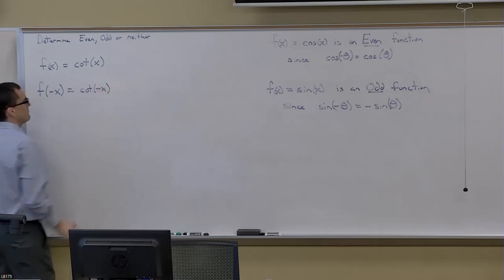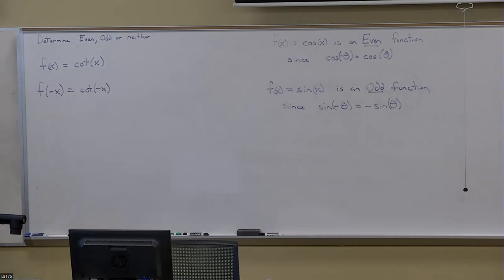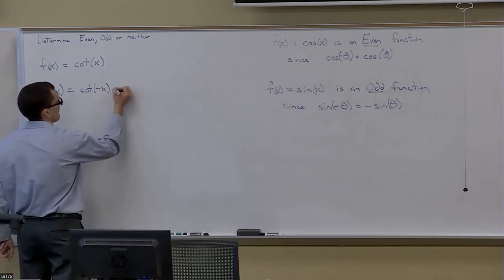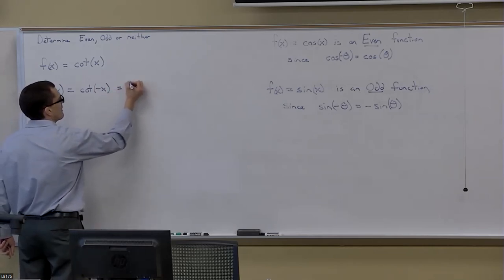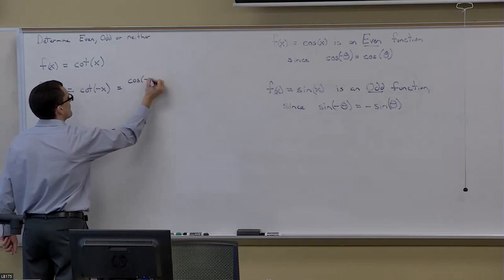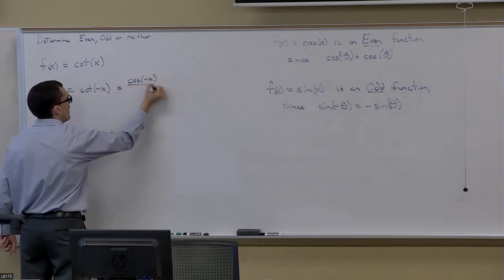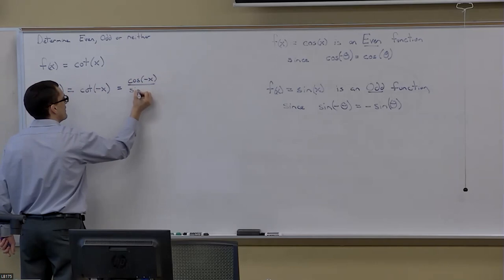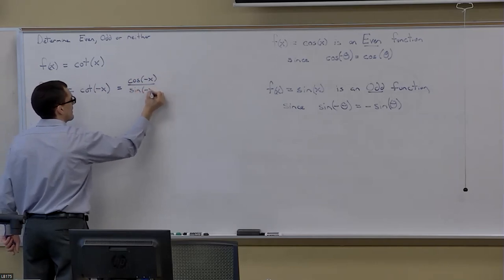Plugging in the negative into cotangent is like taking cosine of negative x divided by sine of negative x.